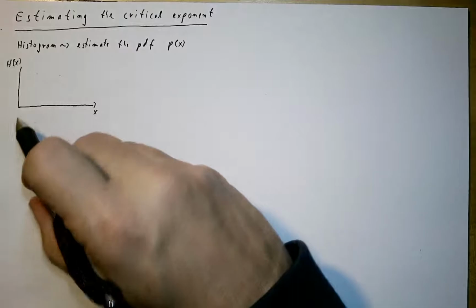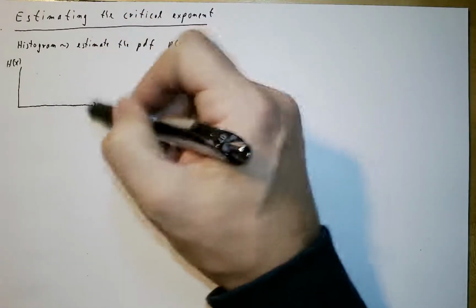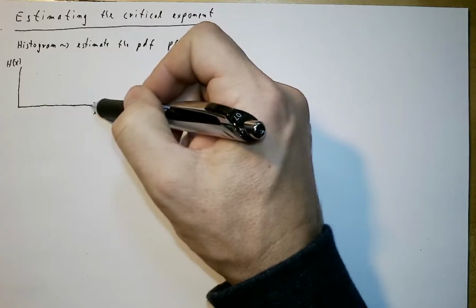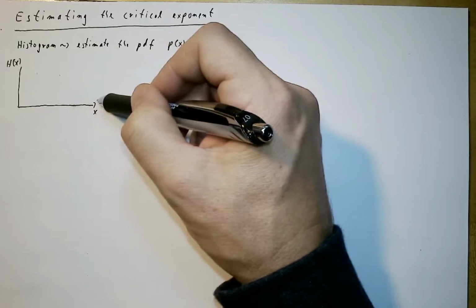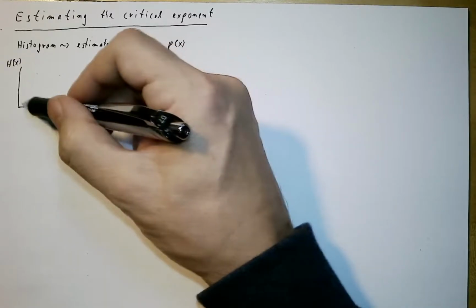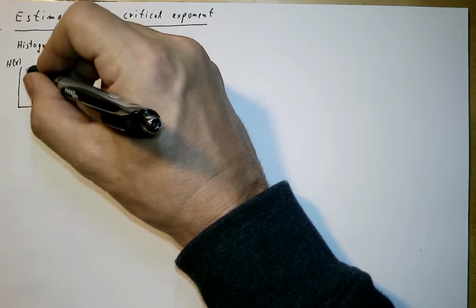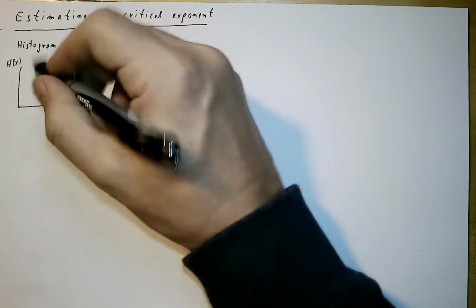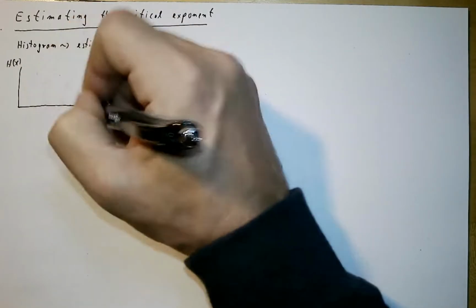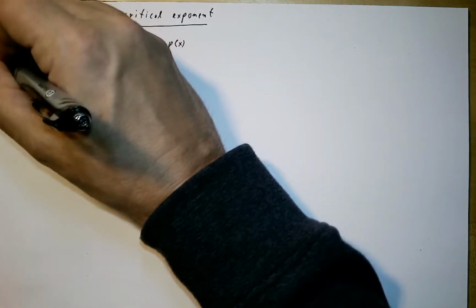then you have the problem that in a power law you have arbitrarily large values of x, but not so many of them, so the histogram will be very sparse for large x, and for small x you will have a lot of entries. And now, of course, we want to plot it in a double logarithmic scale.